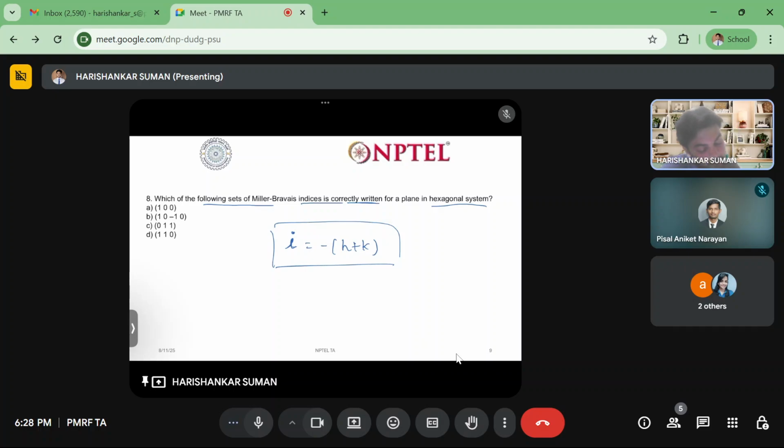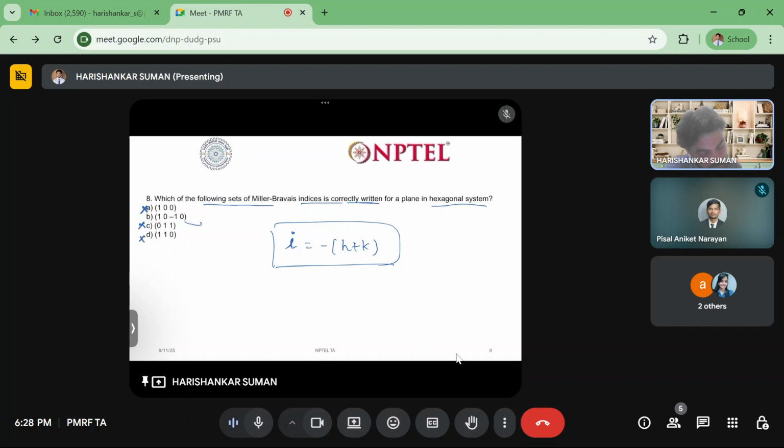You have to just verify this relation. Only three Miller indices are given.